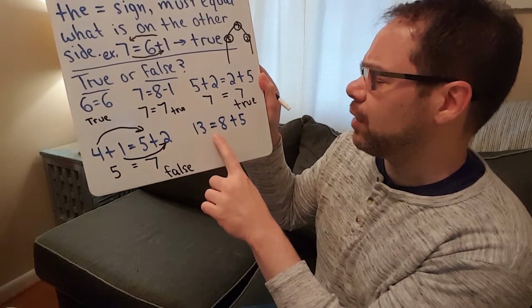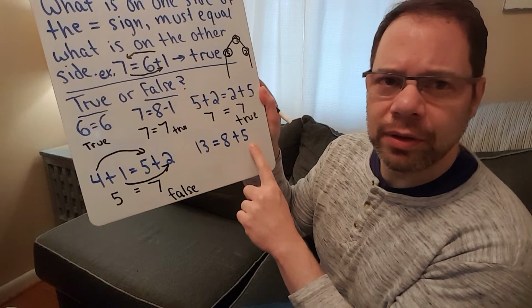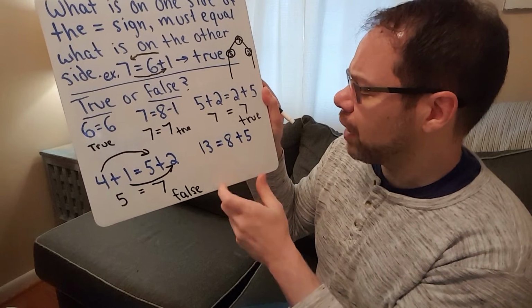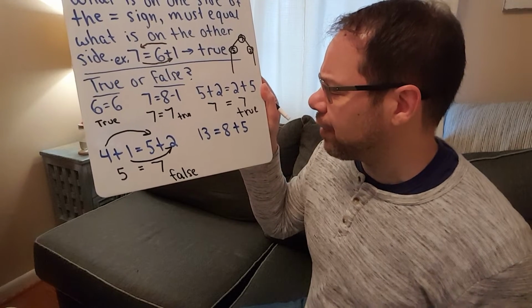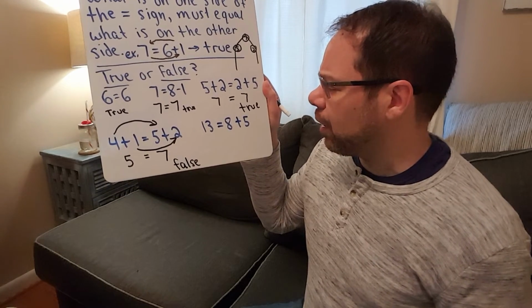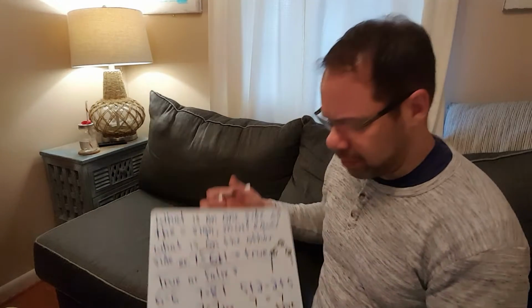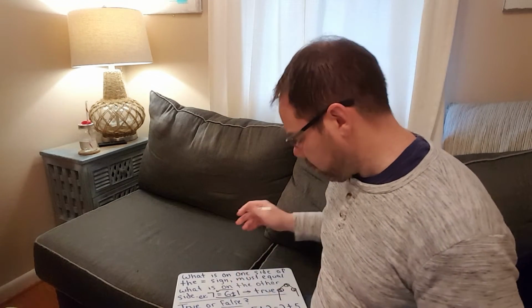Okay? Now, let's look at this one right here. Is 13 equal to 8 plus 5? Well, let's count that off. And some of us may use our fingers. Some of us may do quick mental math. But let's see. And this is hard because I'm holding something, but let me try it anyhow. So we're going to start at 8, right? Hold on a second, let me put my marker down. We're going to start at 8, and then we're going to count off 5. 1, 2, that takes me to 10.